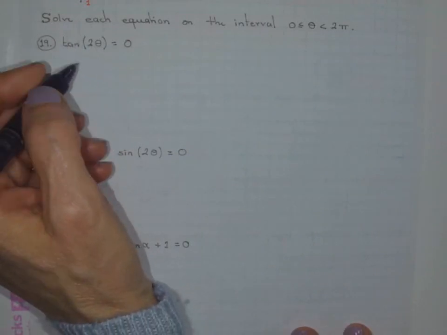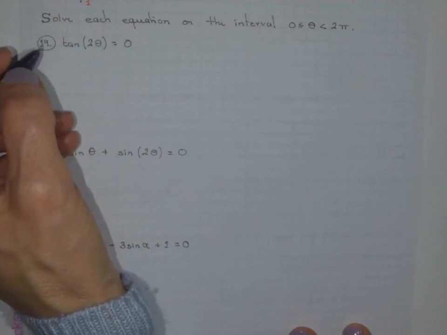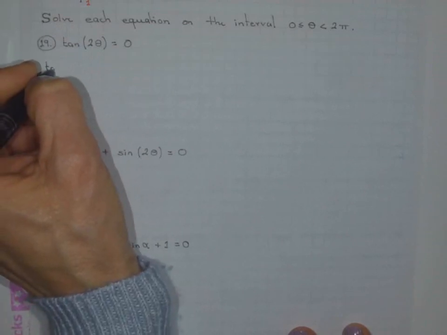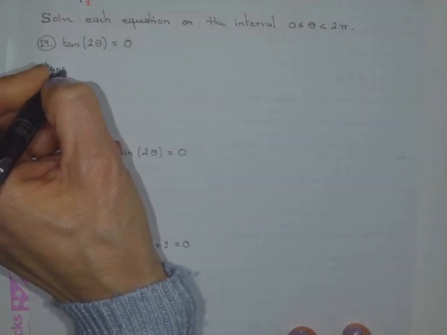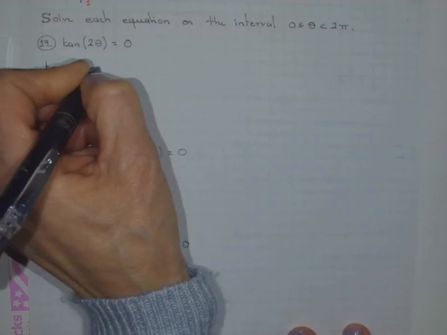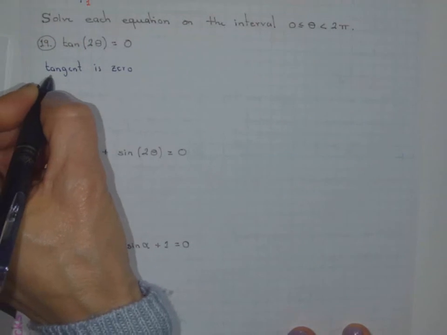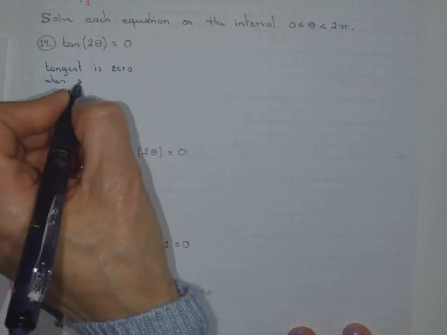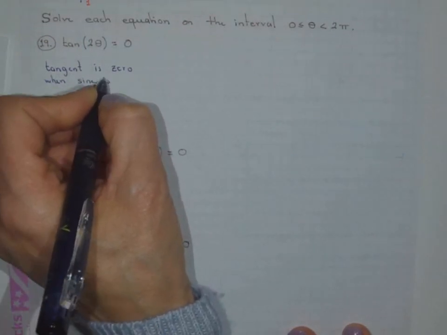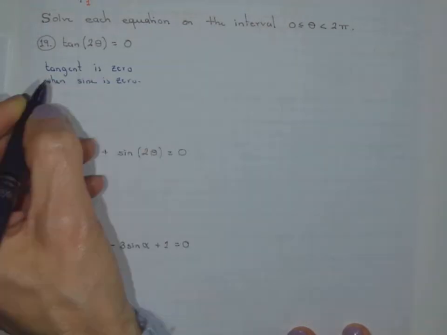So we have to ask ourselves, the tangent is 0 when? Well, tangent is 0 when the sine is 0, right? Because what's your tangent?